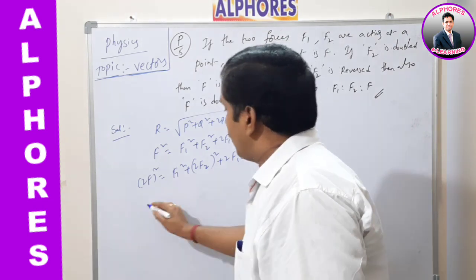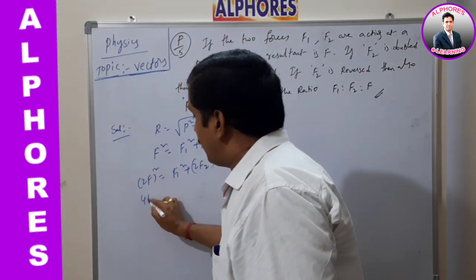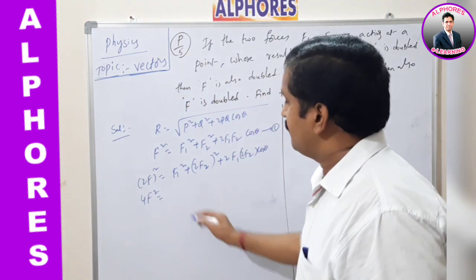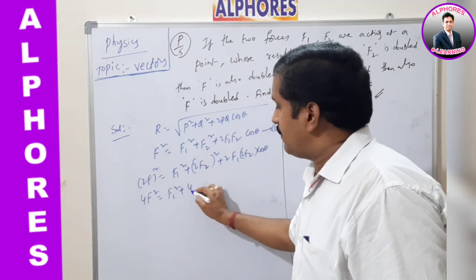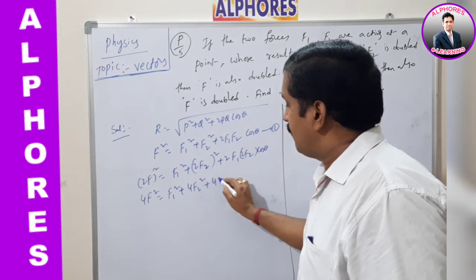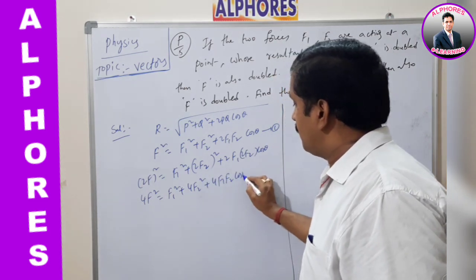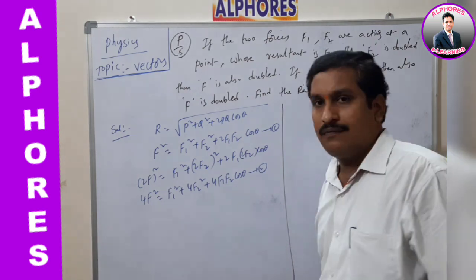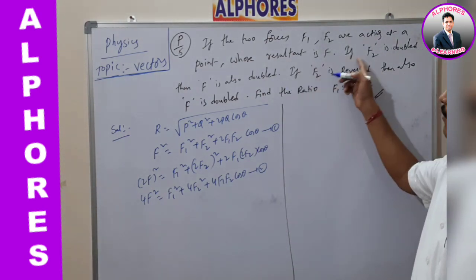This equation is modified into 4F square is equal to F1 square plus 4F2 square plus 4F1 F2 cos theta. Equation number 2. As per the second condition only, I have to write this equation.